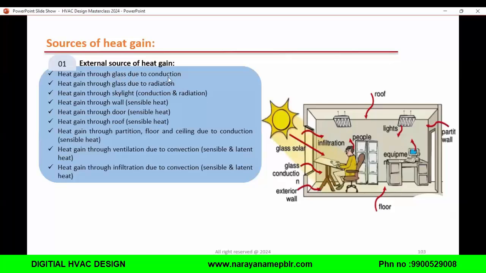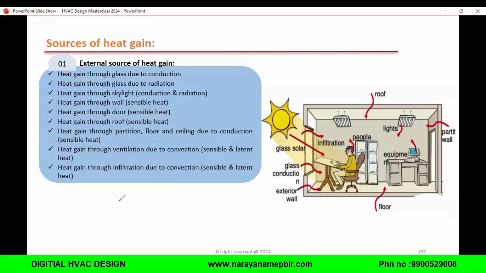Remember, for glass we go for conduction and radiation. Even for skylight, conduction and radiation. Whereas for wall, door and all other things, you have to go for sensible heating. And partition, which is conduction, is sensible heating. Clear? Ventilation and infiltration is convection.